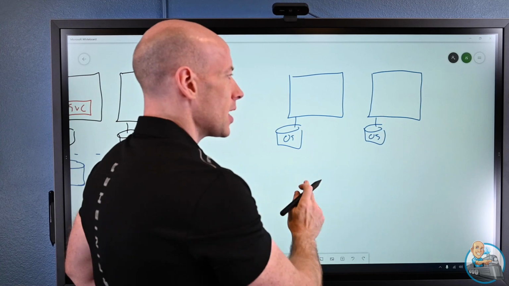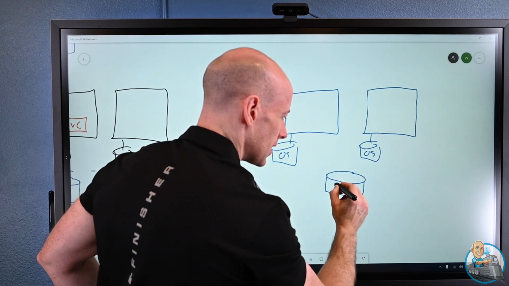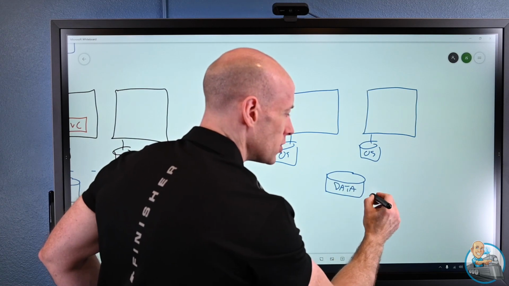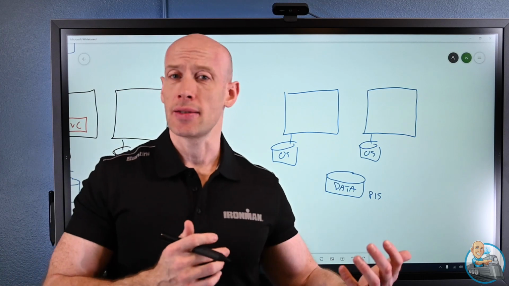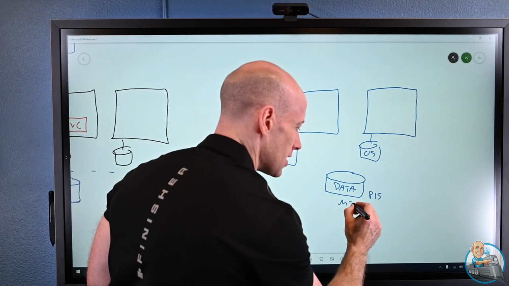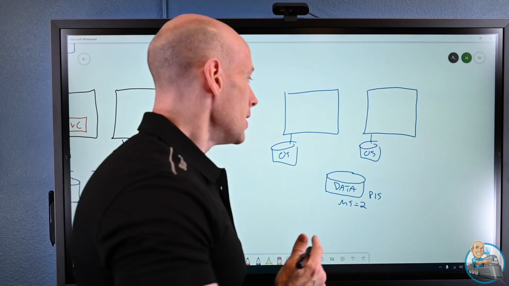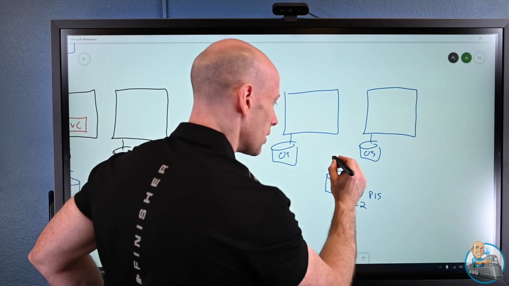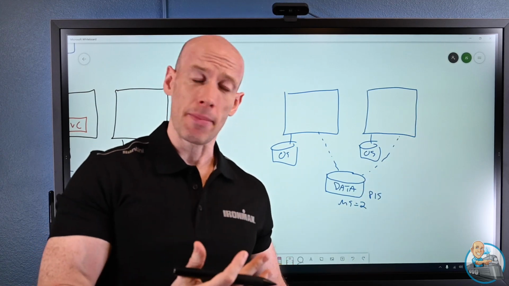But what I'm going to do as well is create, in my case, a data disk. I'm using a P15. That's the smallest disk that supports max shares. So this is going to have a max shares value of 2, meaning I can connect 2 VMs to it. So I'm going to attach this disk to 2 VMs at the same time.